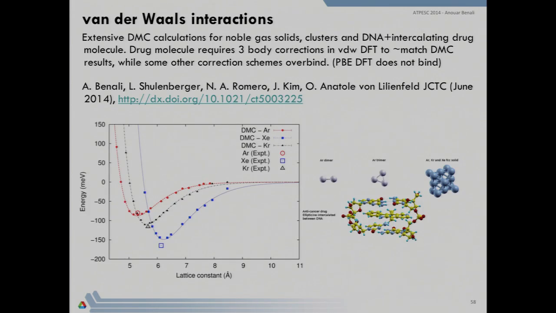Here we did the same thing for rare gas elements, argon, xenon, krypton, and we are very, very close to the experimental values. We also did the same thing with big biological molecules.